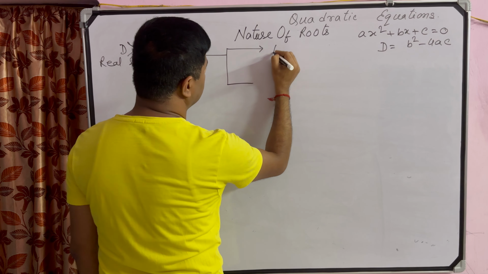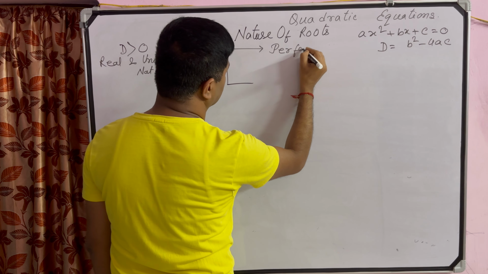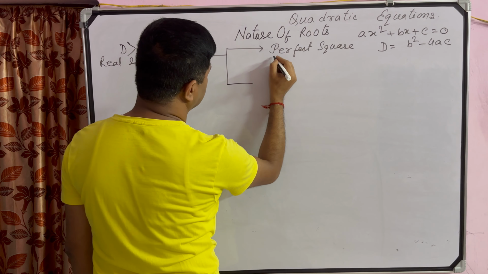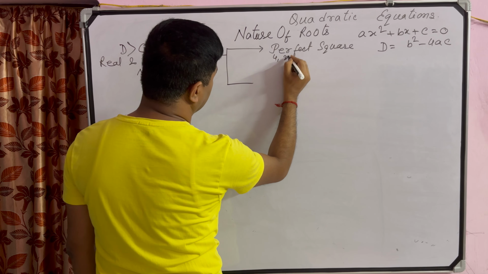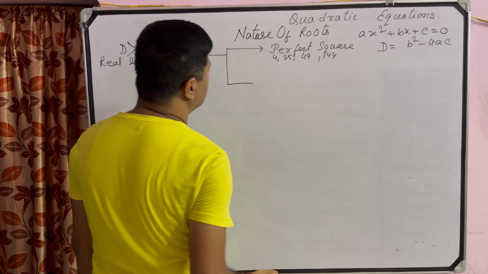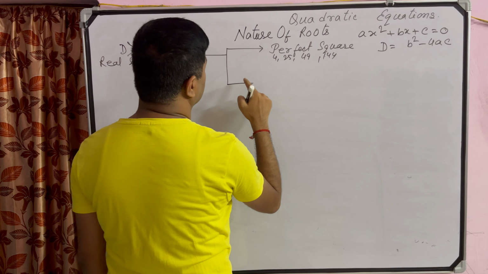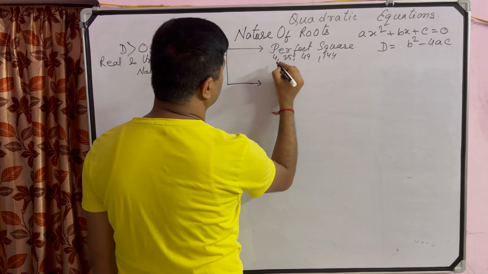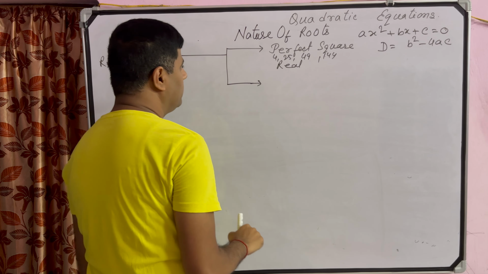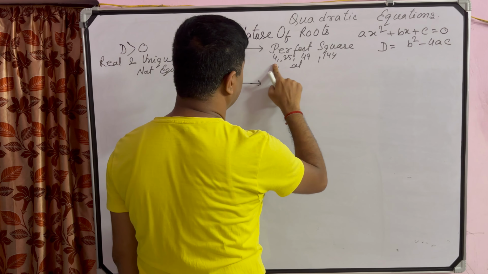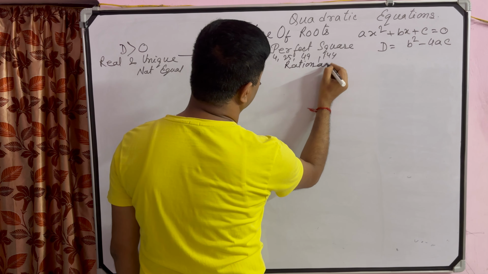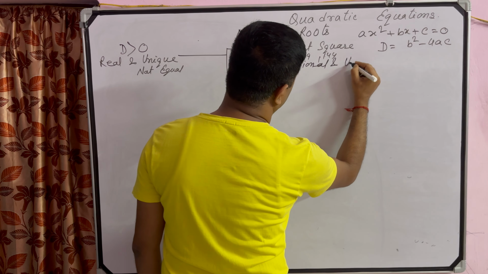One is D is a perfect square, like 4, 25, 49, 144, like these numbers. Then the roots are real. Instead of real, you can say directly rational. That will be better. Rational, because rational numbers are real, rational and unique.